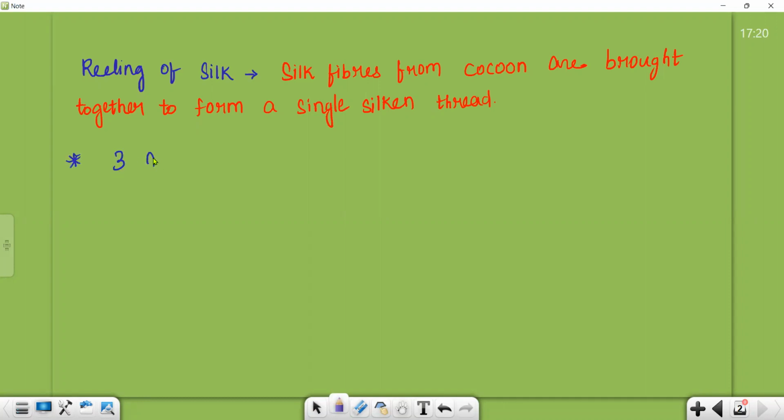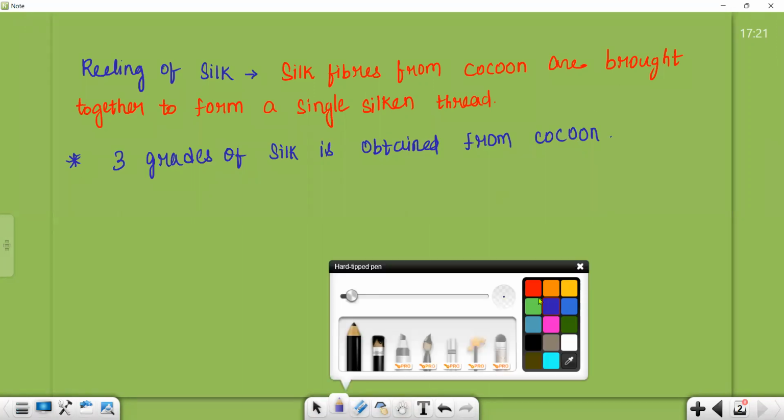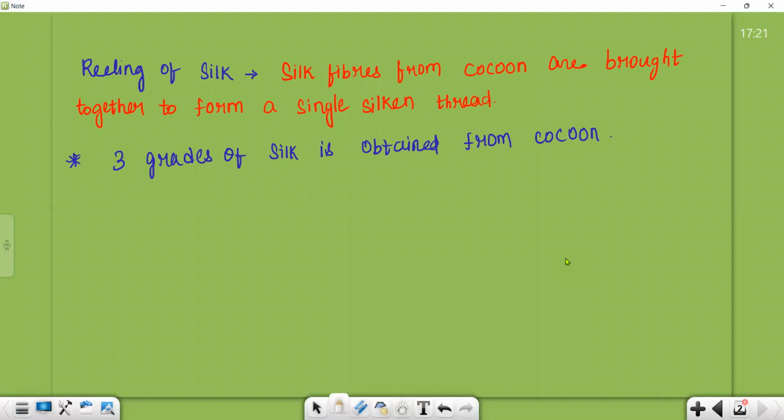Ma'am, I think there are 4 kinds of silk. 3 grades of silk obtained from a cocoon. Okay. So the unwound fibers actually form the finest silk, and it is dazzling white in color.